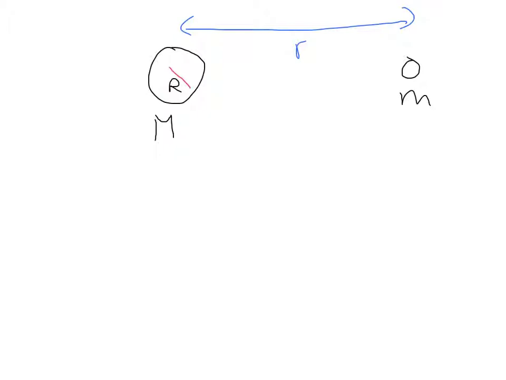Now, remember that in this case, we treated these two masses as if they were a point mass. That is, as if all their mass was concentrated in one point in the middle. Well, okay, I tried to make this in the middle. That didn't quite succeed. But anyway, you may remember that Newton found out that the force between these two guys was given by this expression.